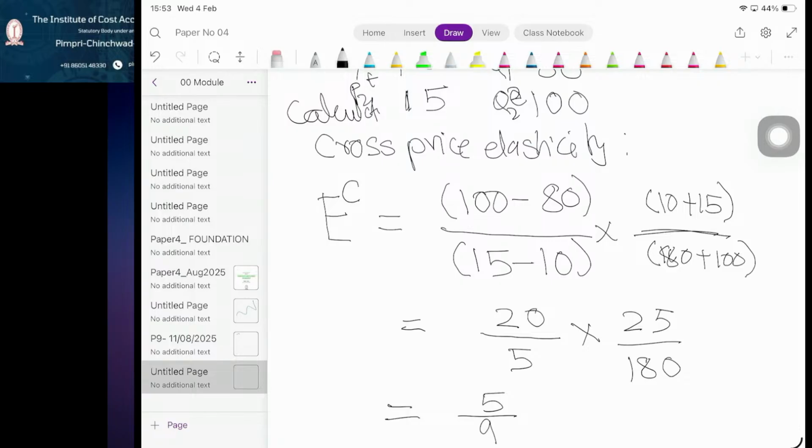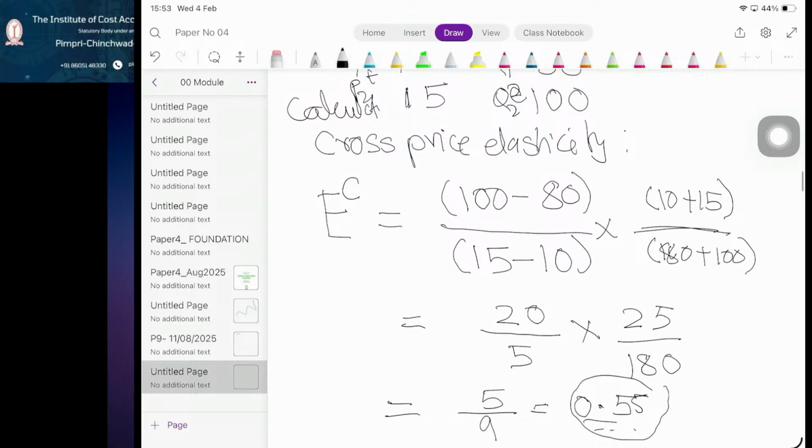Okay. Yes. How much is this in the decimal form? 0.555, means the cross price elasticity is 0.5, means if the price of tea increases by 1%, then coffee demand is increasing by 0.5%. That is what it means.